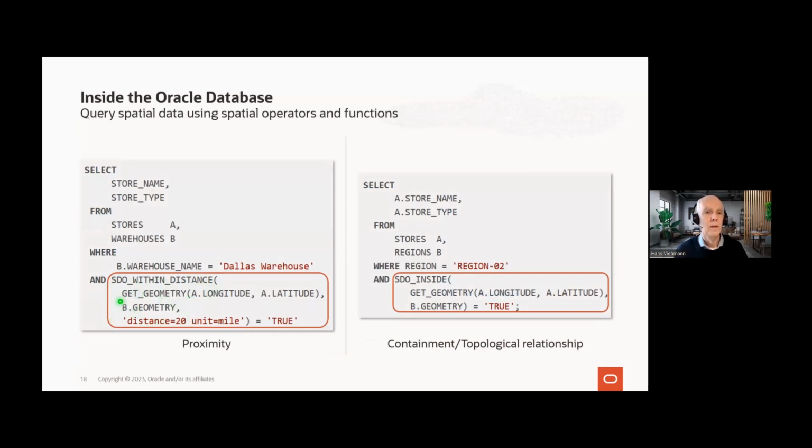First parameter is a column in a table. Second is the query window, and then there's additional parameters and options. So here you can figure out whether there are any objects within 20 miles of a given location, defined by geometry B, which is the warehouse with the name Dallas Warehouse. And you'll see that in Ramu's example in just a second.